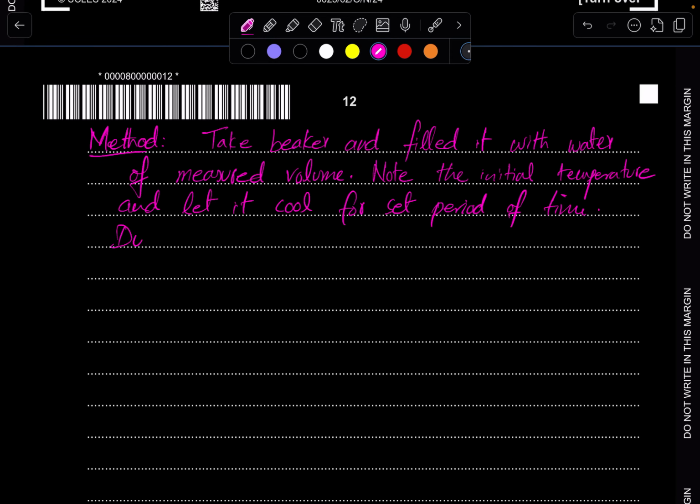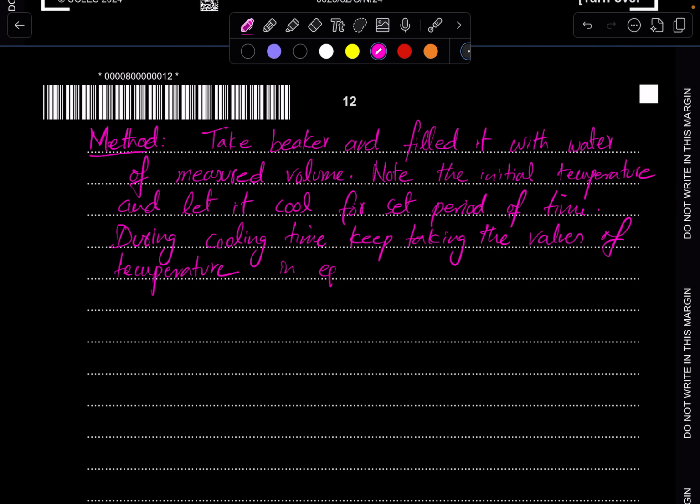Then during the cooling time, keep taking the values of temperature in equal intervals of time. Now we can repeat this experiment to get a more accurate value, and take the average.